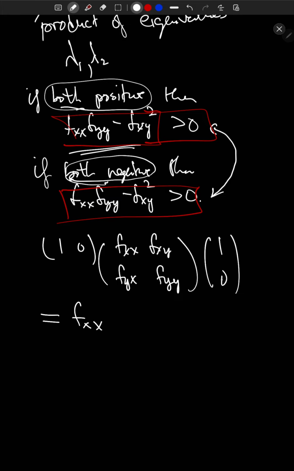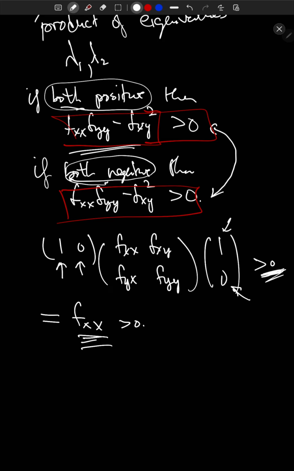That times that gives me fxx, that times that gives me fyx, and then that times that gives me fxx. So this is going to be fxx. If you're at a minimum, then this thing is going to be positive. No matter what I put here and here, if I put the same things, I'm going to get a positive number.